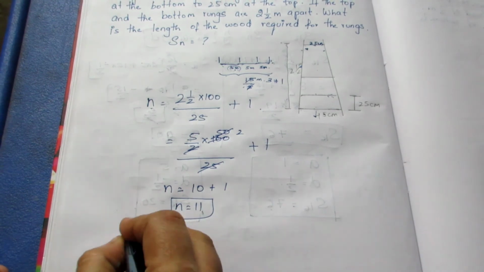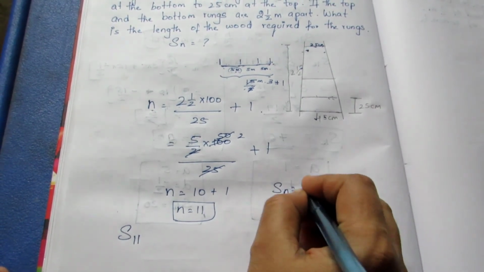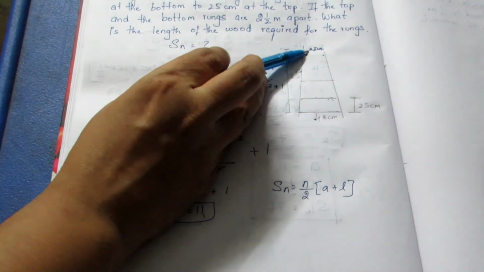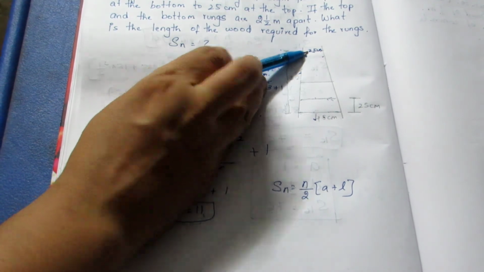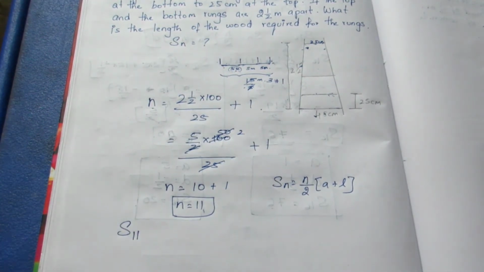We need to find the total length, that is S11. Sn formula is equal to n by 2 into a plus l, because we know the first length 25 and the last length 45. So you can directly substitute in the formula a and l.